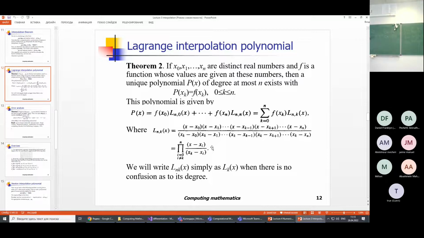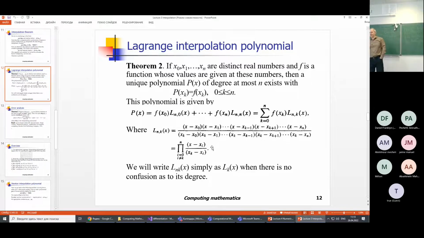So these points, x0, x1, x2. This is h and this is h. How can I write the denominator? h squared?